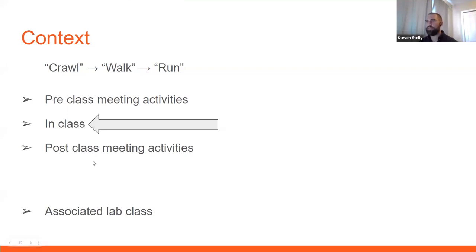And then a lot of classes have that associated lab component, so thinking about it within the context of not only is there this lecture before class, during class, after class, but there might be some sort of interactive lab component. So how can we have all these things integrate together in a way that students are getting paced nicely and going through this crawl, walk, run?